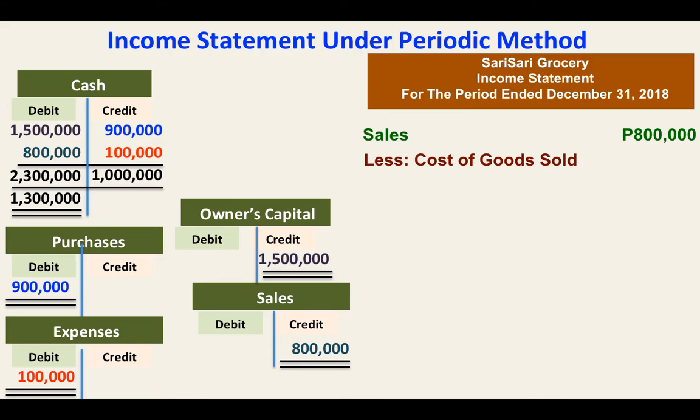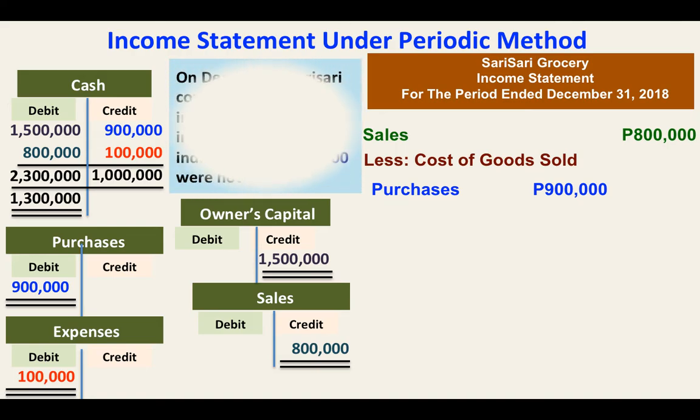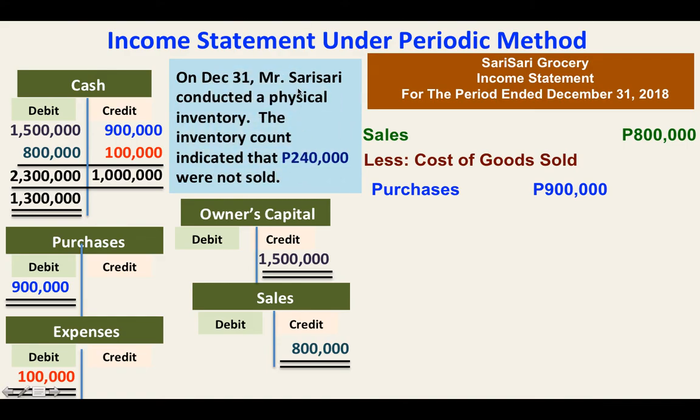First, by the way, this is our first year, so we don't have any beginning inventory. What we only have here is our purchases of 900,000. Was all of this amount that we purchased sold? Let's take first an inventory. Based on the inventory of Mr. Sari Sari, 240,000 out of this 900,000 were not sold.